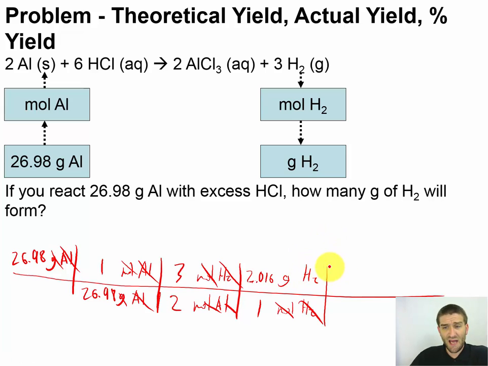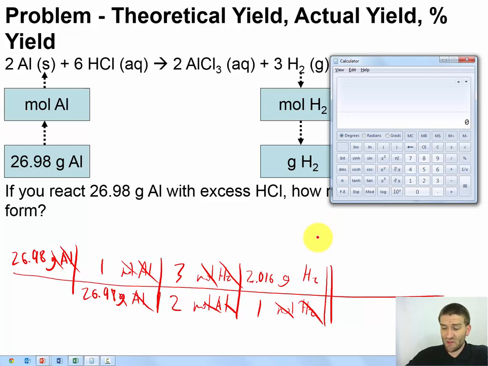So we need to calculate how many grams of hydrogen we've formed. For that, we're going to need a calculator. Okay, now we do 26.98 divided by 26.98. I know, I could have just typed in the number 1. That's pretty intuitive, but I still wanted to show it. We're going to multiply by 3, divide by 2, times 2.016. We hit enter and we get the value 3.024.